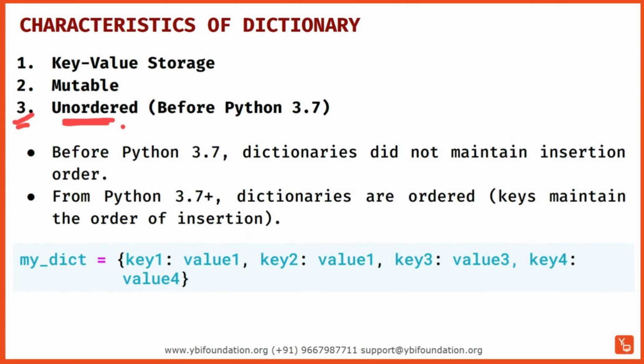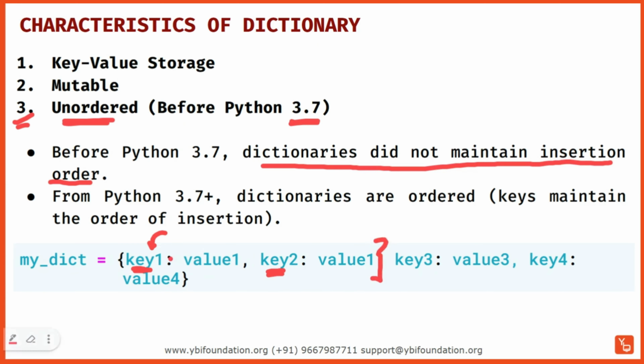Whenever we think of a dictionary as unordered, it is applicable before Python 3.7. Before Python 3.7, dictionaries don't maintain the insertion order. For example, initially we have a dictionary with two keys, key 1 and key 2, and later on we add key 3 and key 4.